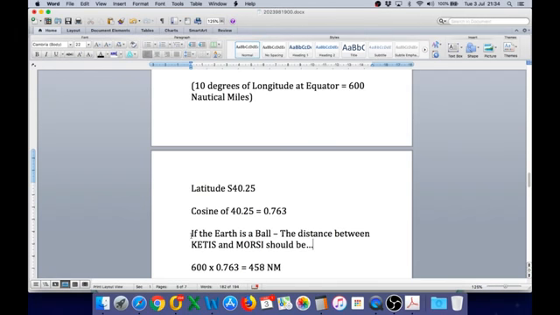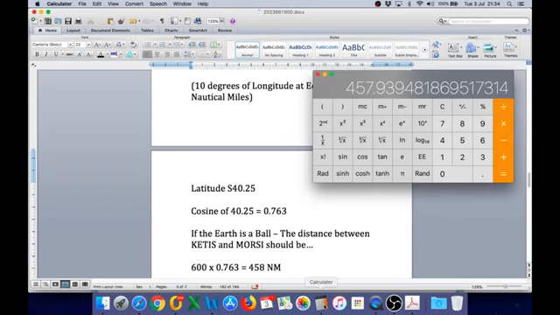So, if the Earth is a ball, the distance between Cetus and Morsi should be 600 nautical miles times 0.763, which is the cosine of 40.25 degrees latitude, and that gives us a value of 458 nautical miles.